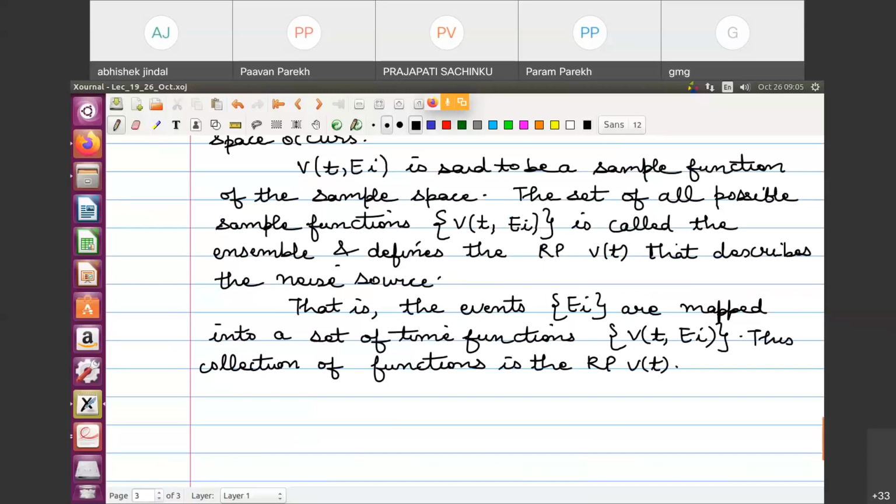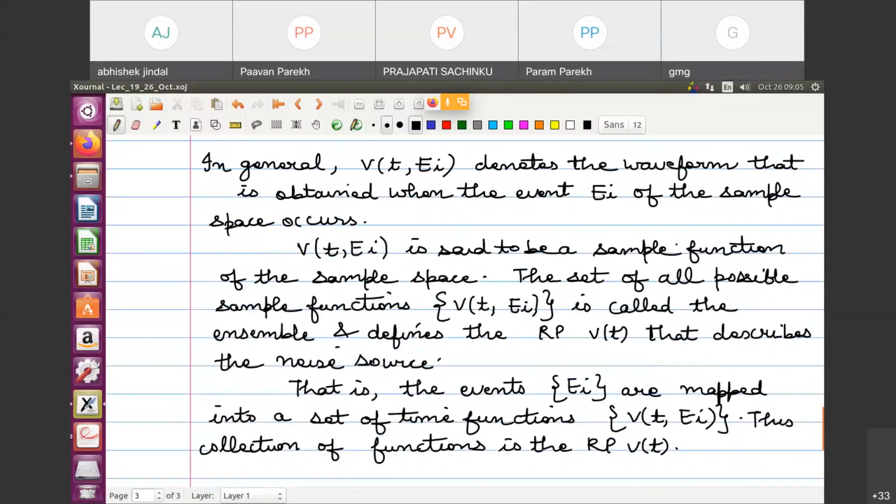So I will give you maybe 2 minutes to just read whatever I have written, and then we will continue. We'll start at 9.6 or 9.7. Just go through it and try to take a feel for what we are essentially saying.